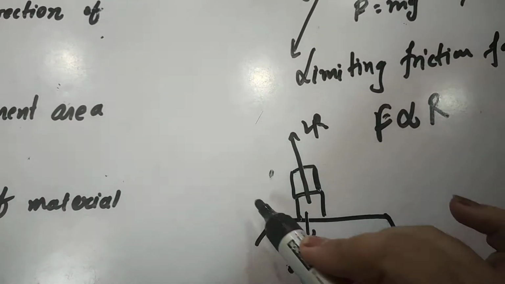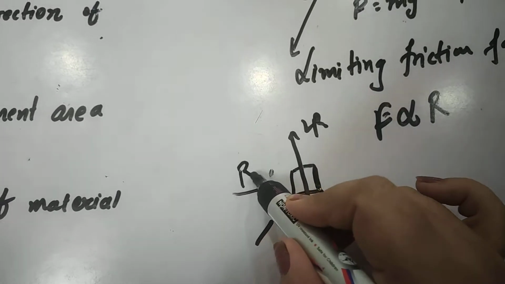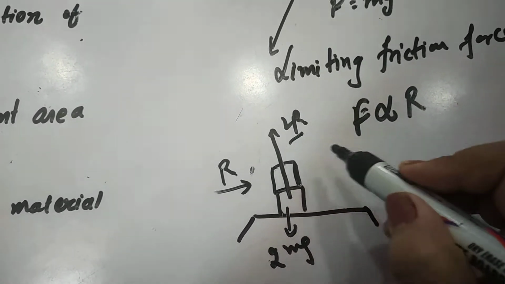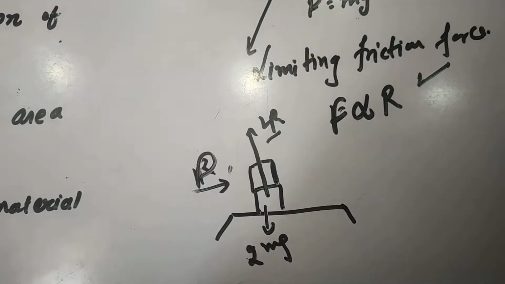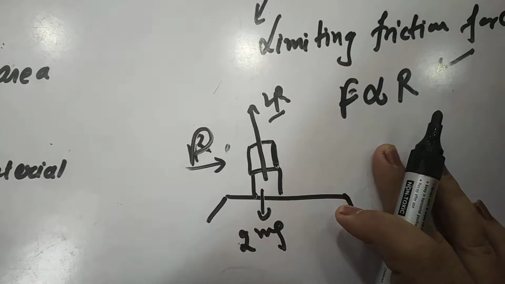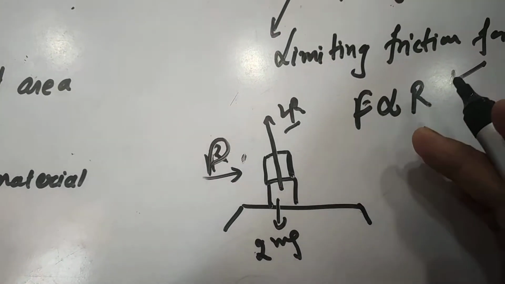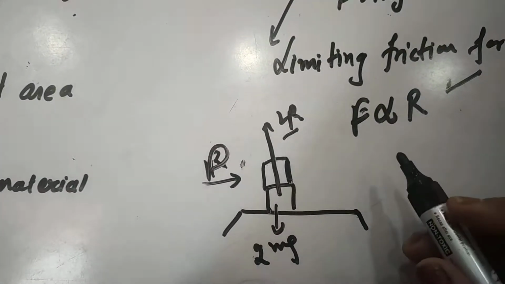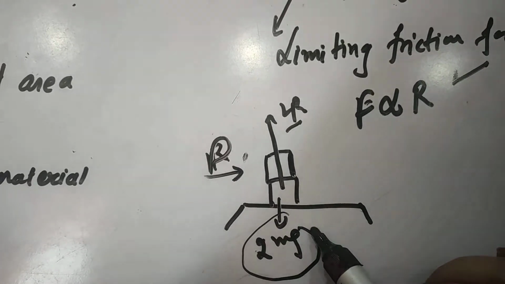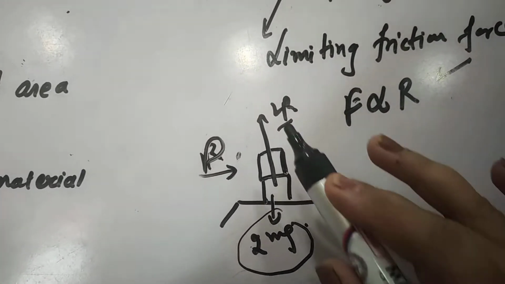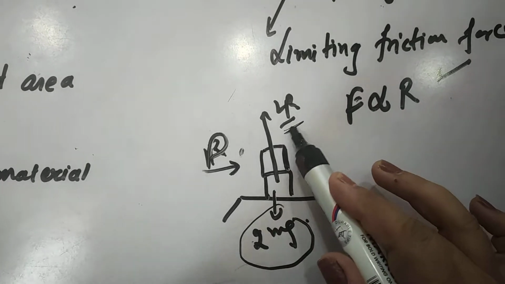So if we apply a force, it should be at least equal to 2R by this formula, so that it doesn't move. It doesn't move means it is at the verge of moving, right? If we apply a force slightly greater than this force, it will start moving. So in this case the reaction force is 2R.